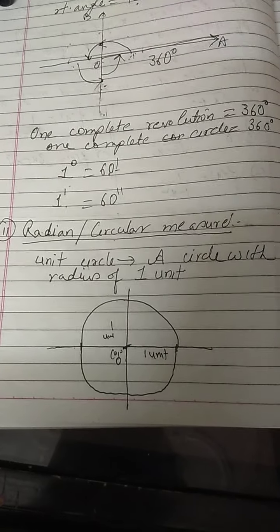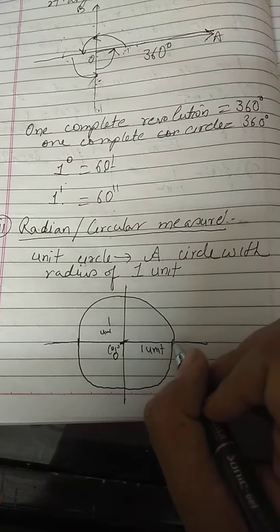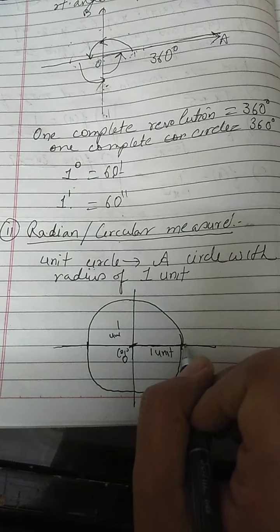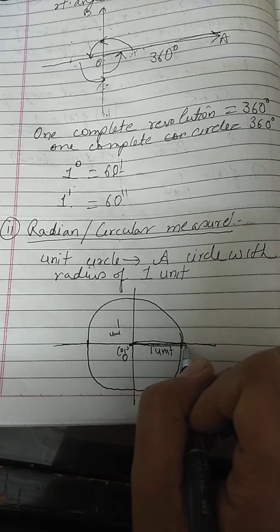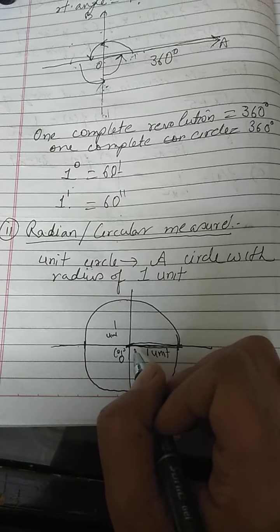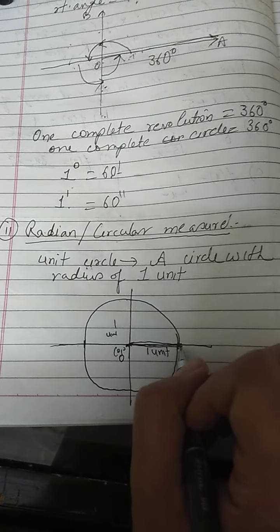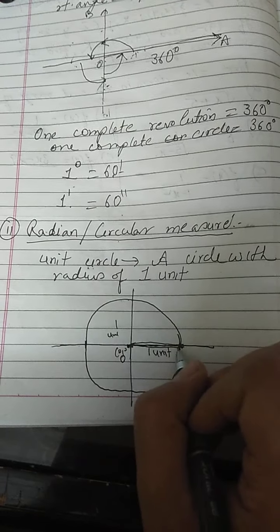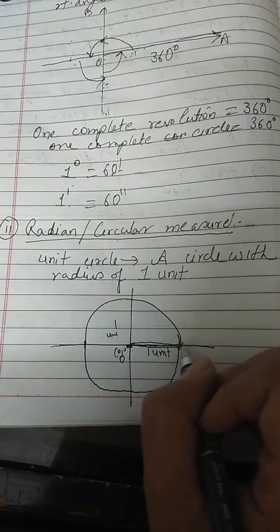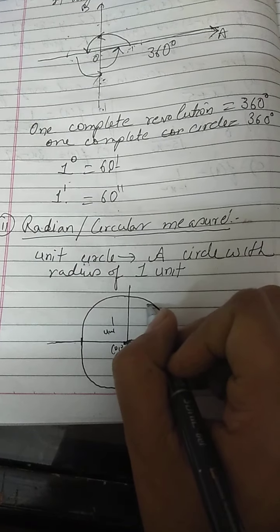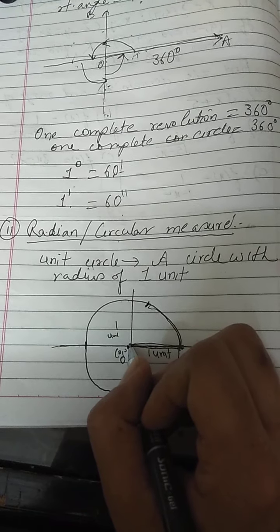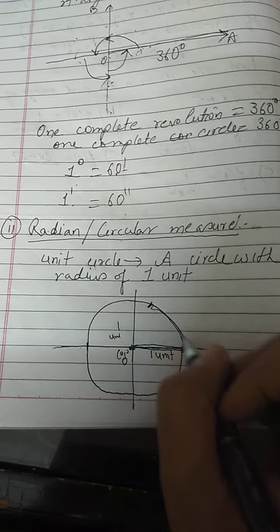Now what I am going to take, if the radius is 1 unit and I take an arc of length 1 unit, that means the radius length if I take, it overlaps the circle.